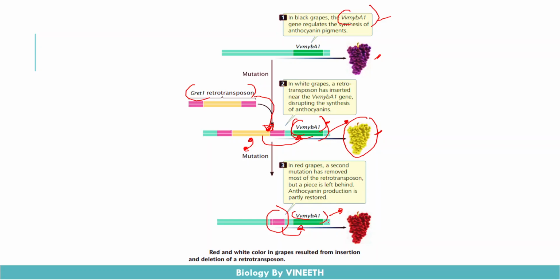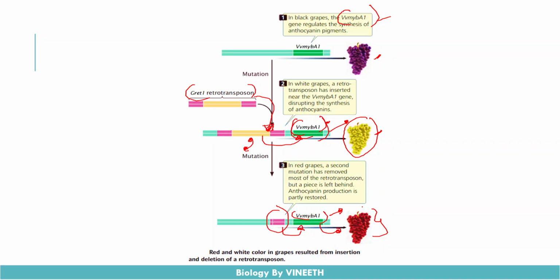When it regulates, it will cause the gene to produce a red color pigment. So this is a variation in the phenotypic patterns of different colors. Because of this, retrotransposons are considered gene regulatory elements, because they regulate the expression patterns of genes.